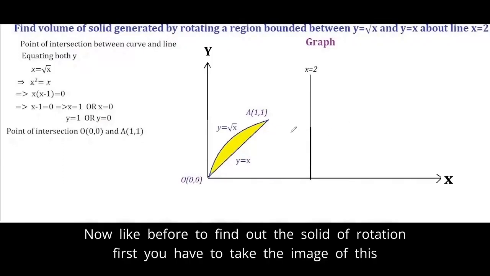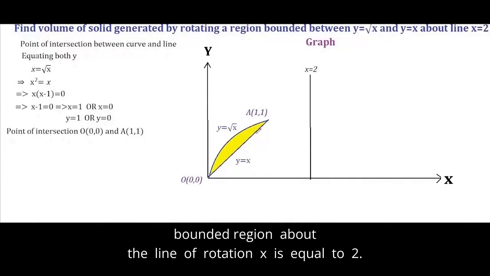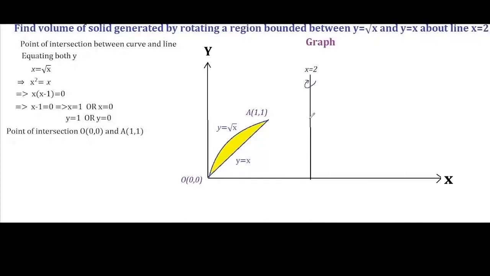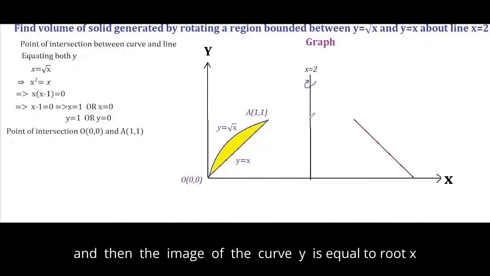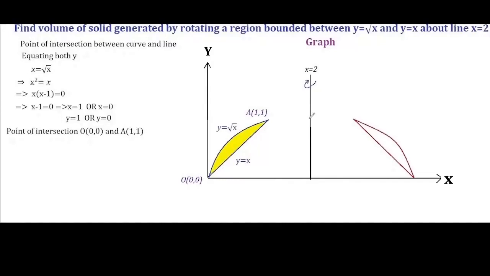Now like before, to find the solid of rotation, first you have to take the image of this bounded region about the line of rotation x is equal to 2. So first the image of the line y is equal to x, and then the image of the curve y is equal to root x.